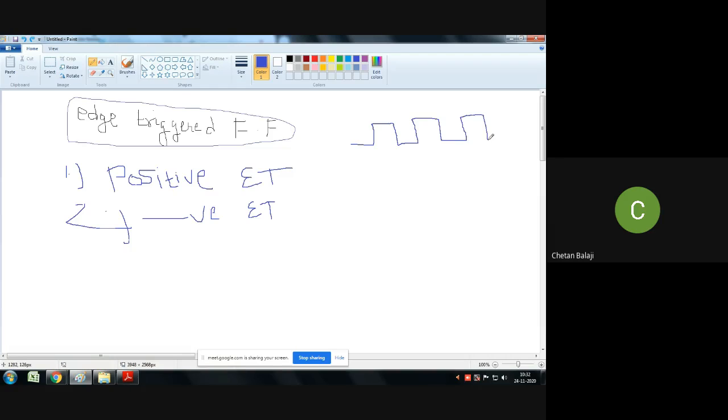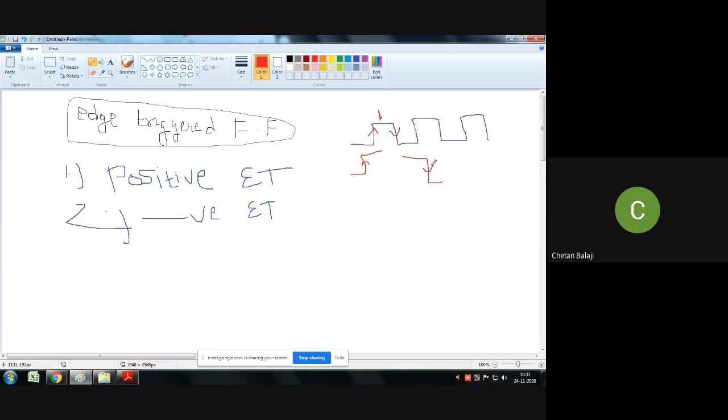This is the clock pulse. In this clock pulse, this value is 1. Can you see the arrow marks here? Do you visualize the arrow marks? What I want to convey is this arrow mark, and one more arrow mark.